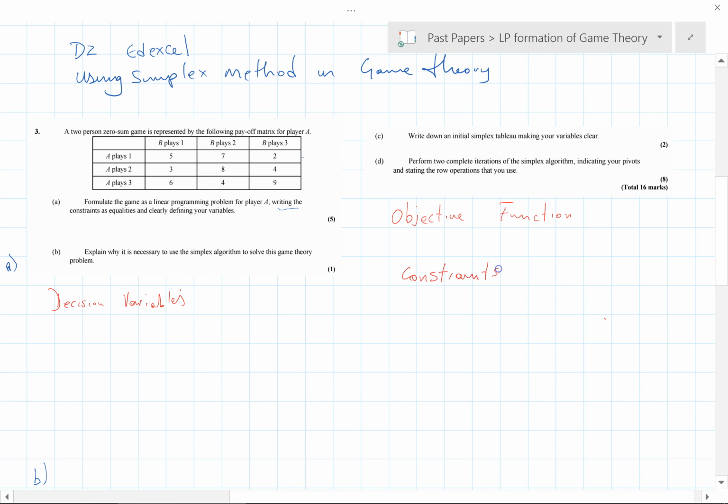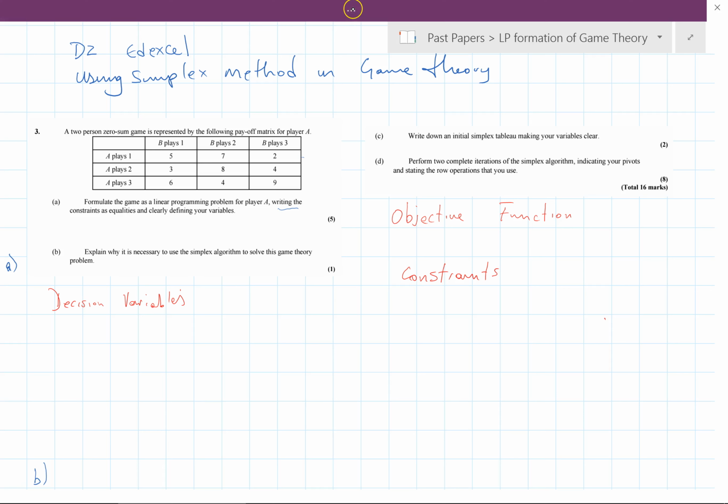In other words, subject to what constraints are we trying to maximize or minimize our objective function. So let's start off with the decision variables.